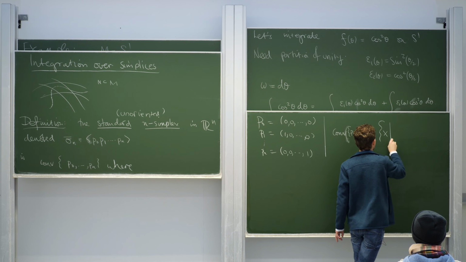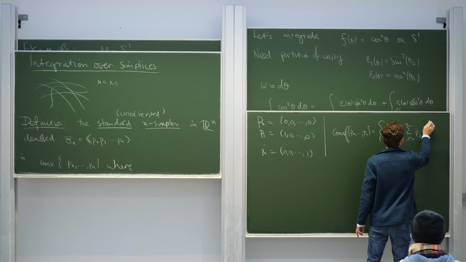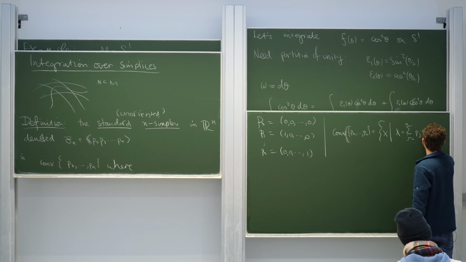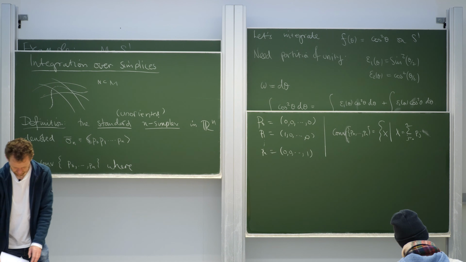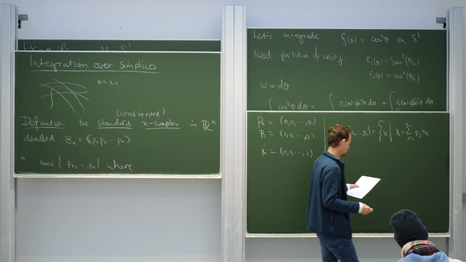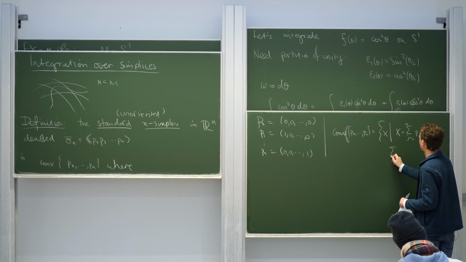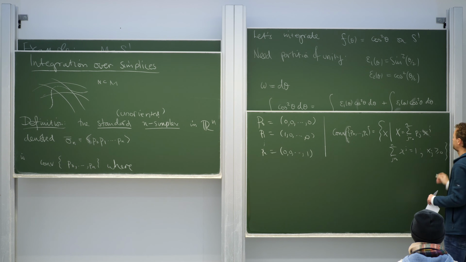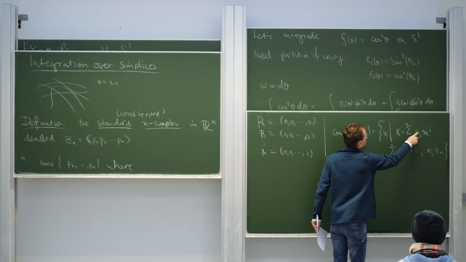It's the set of points x such that x is the sum of pj times xj, where the sum of these xj's is 1, and the xj's are greater than or equal to 0. So that's what convex hull means: take all convex combinations of these basis points pj.